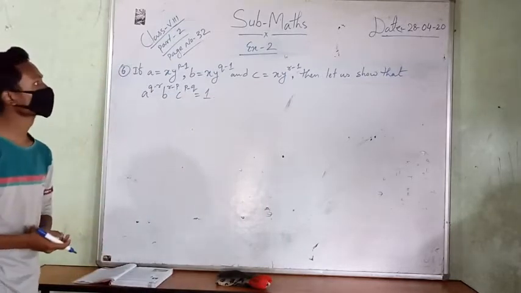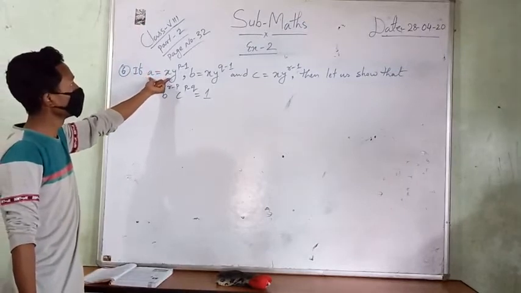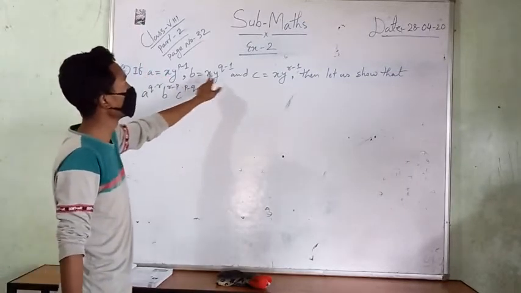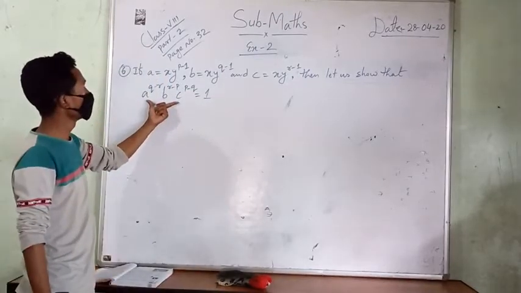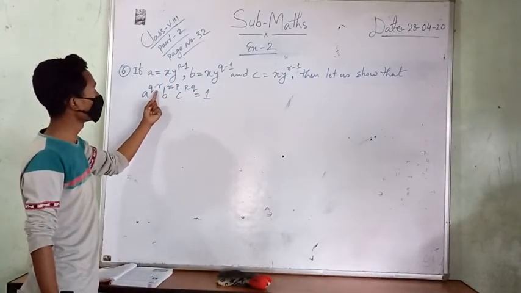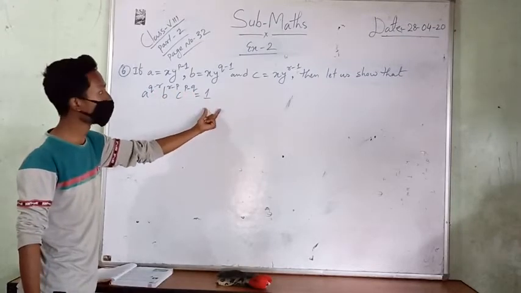Now look at there, the values of a, b and c are given. Then we have to prove that the value of a to the power q minus r, b to the power r minus p and c to the power p minus q is 1.